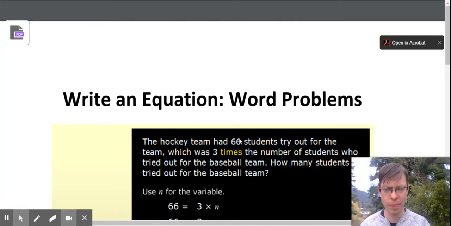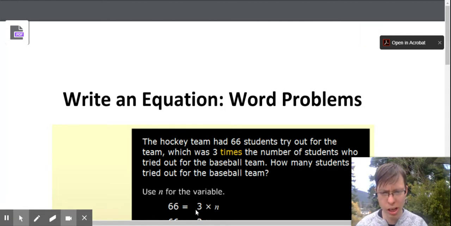The hockey team had 66 students try out for the team, which was 3 times the number of students who tried out for the baseball team. So which is the equals, 3 times, it says that right there, okay, we know times means multiples.